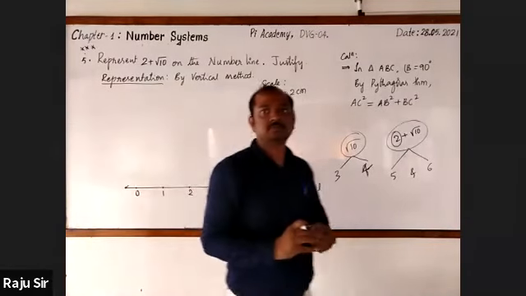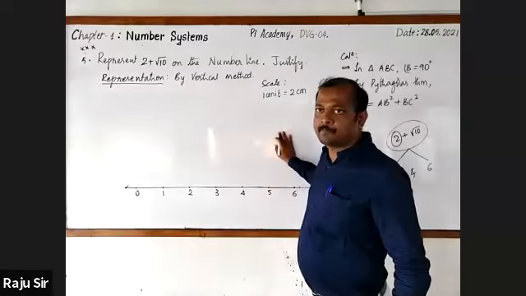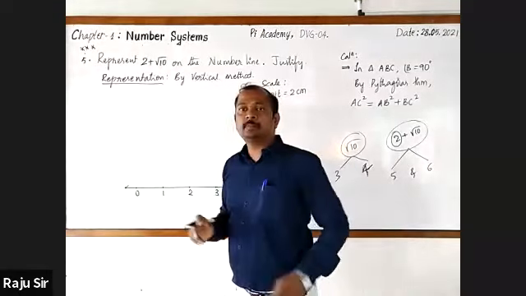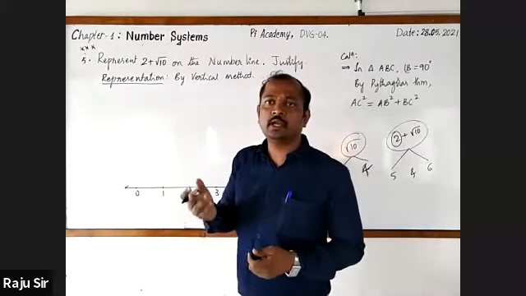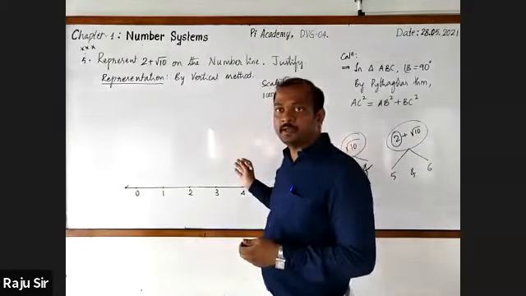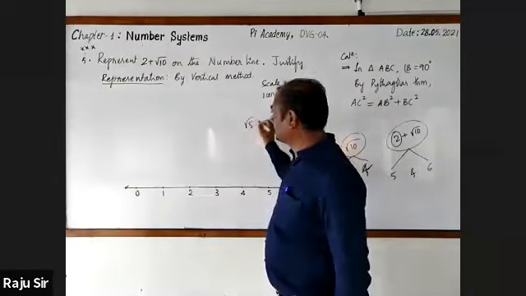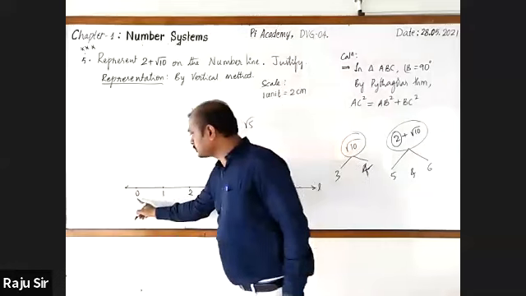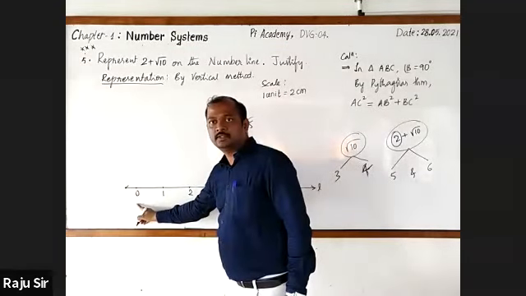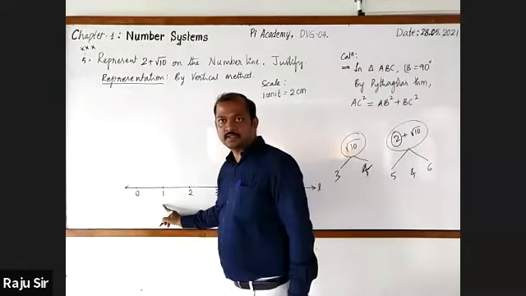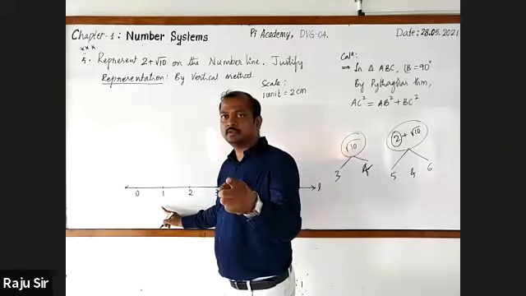Overall, just observe here. You know how to represent root 2, root 3 and root 5 on the number line. If you want to represent root 5 on the number line, you used to take 0 as A, 1 as B. Is it not?